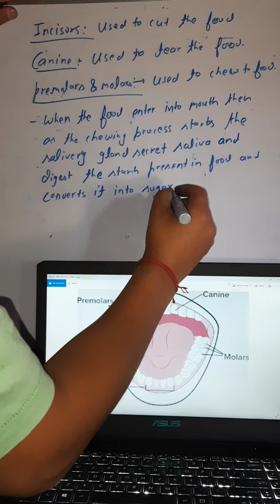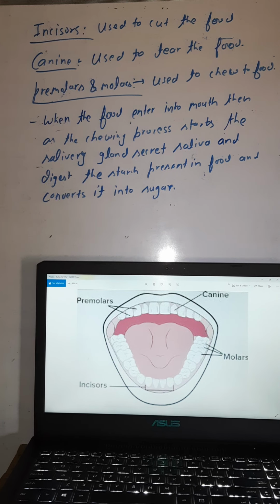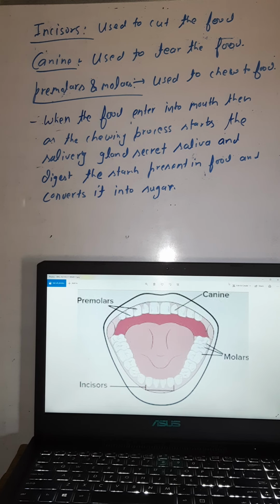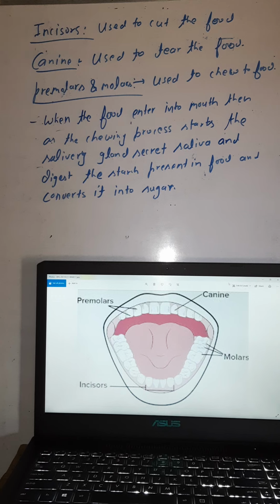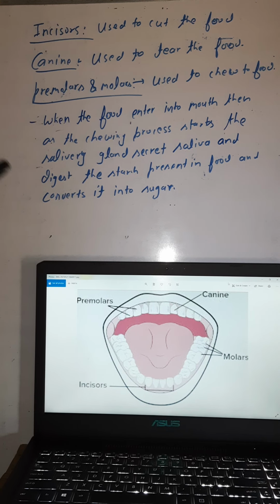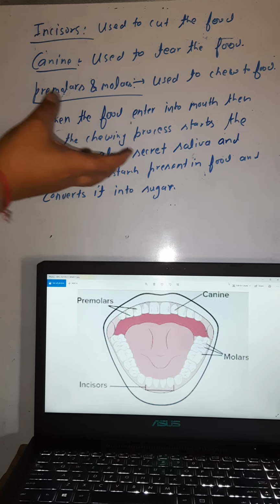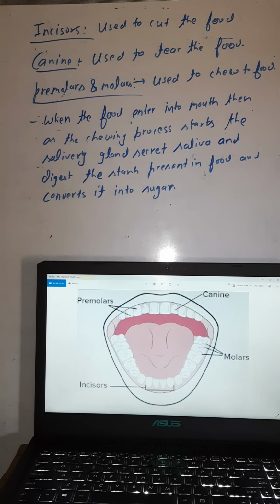So this is the function of the salivary gland. If someone asks you what is the function of the salivary gland, you would say the salivary gland secretes saliva which contains some enzymes, and this saliva digests the starch which is present in foods.